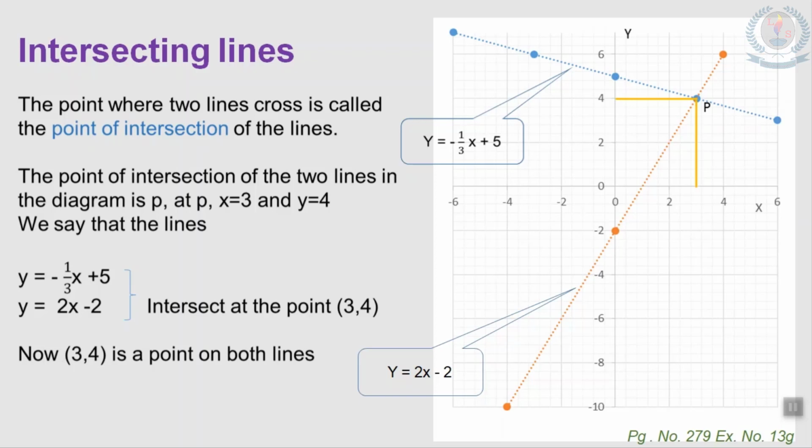You can see the two lines intersect at point P. What are the coordinates of point P? The coordinates of P are 3, 4. So these two lines intersect at the point 3, 4.